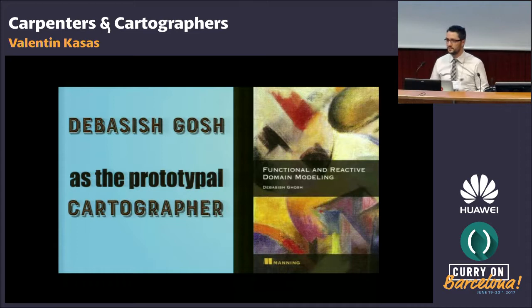Because no, there is no design. Yeah, people say it's design, but I prefer to say discovery. And there is this excellent book that should preferably replace the design pattern books, which is a book from Debasish Ghosh, which is in Scala.